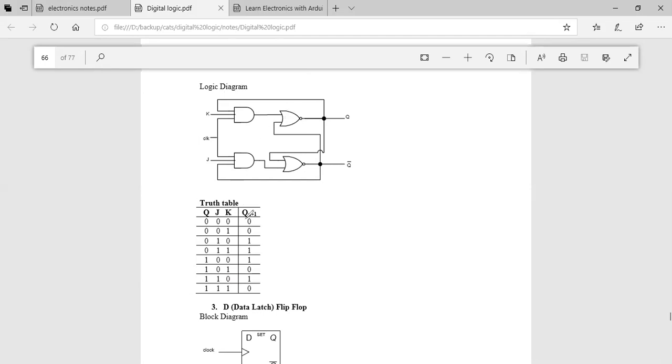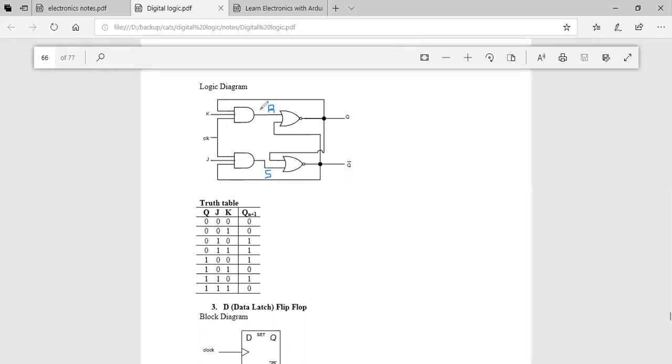Before I go to the combinations we have here, you realize that the RS flip-flop is here at this point. So this is our R, and this will be our S. Now, we've already discussed how this works.